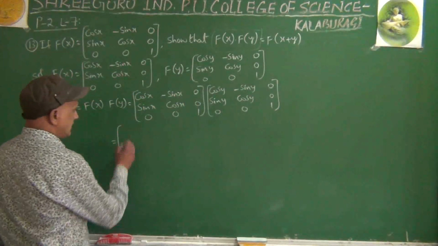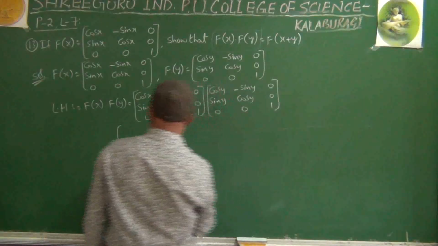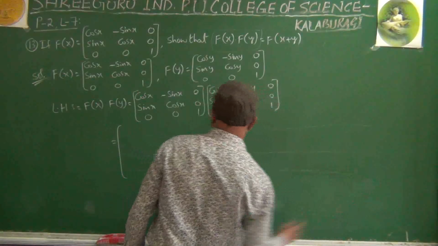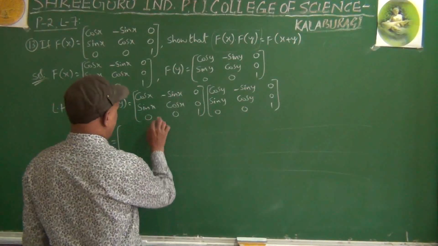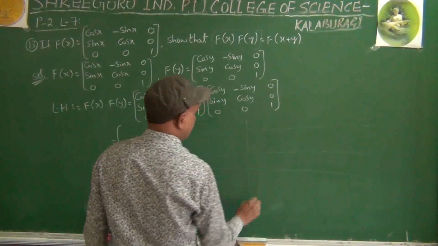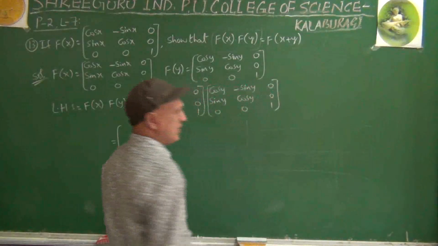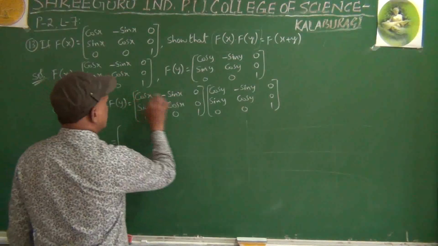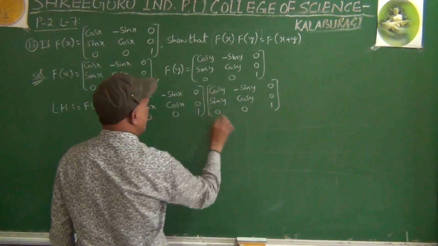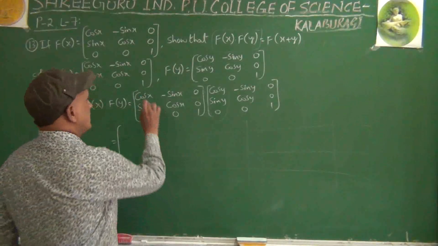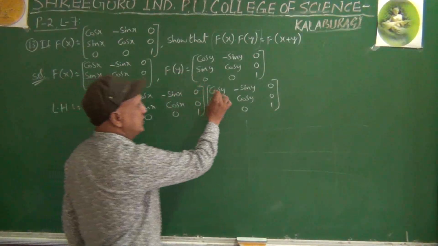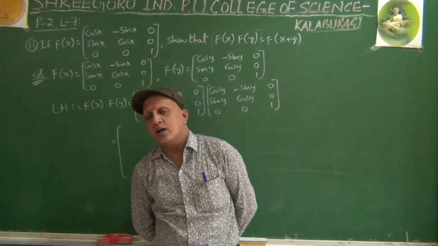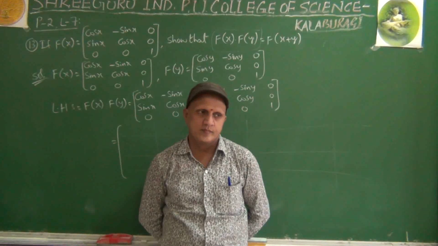First row, second row, third row, first column, second column, third column. This is first row, first column.